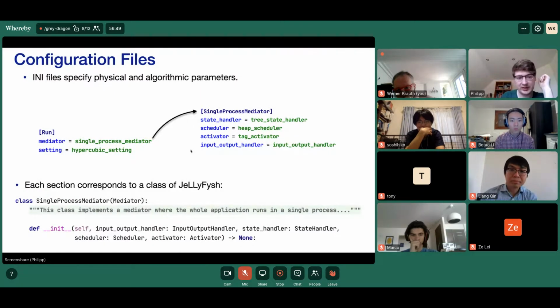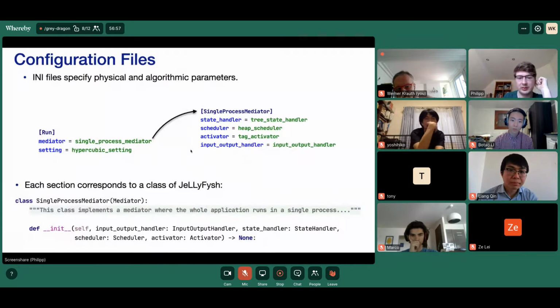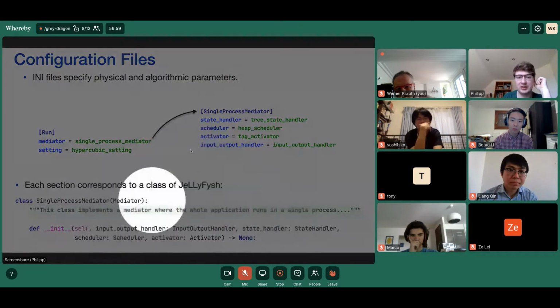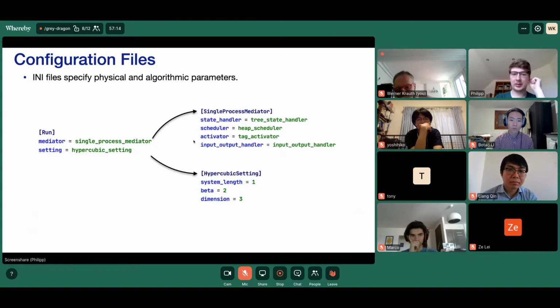You can see this initialization method expects 4 arguments, and these are exactly the arguments which appear up here in these properties: the input-output handler, the state handler, the scheduler, and the activator. This is also how our factory uses this configuration file to build the whole run of the application. So let's go through this example a bit more.